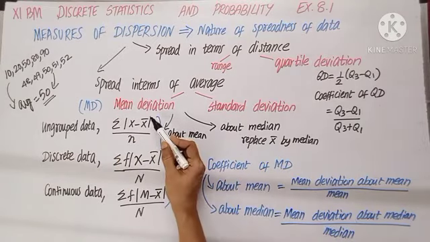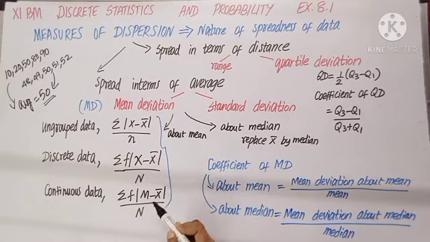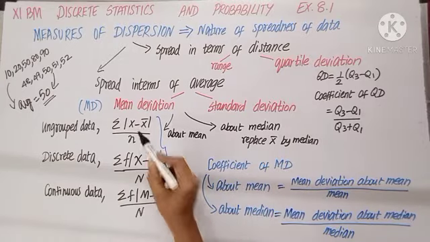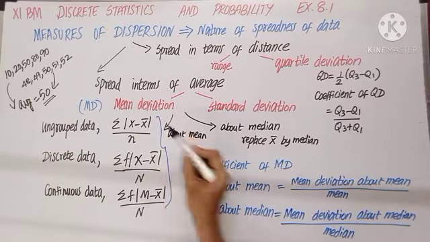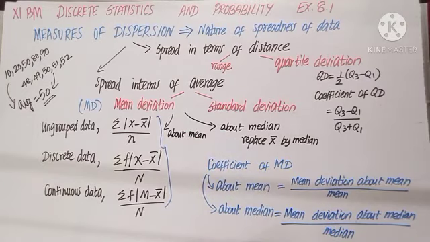So mean deviation, you can calculate about the mean or about the median. Wherever x bar comes, just put the median value to get mean deviation about median. Now again, I need the coefficient of mean deviation. If it is calculated about the mean, divide by the mean. If it is calculated about the median, divide by the median, and this is the formula list for today's problems.